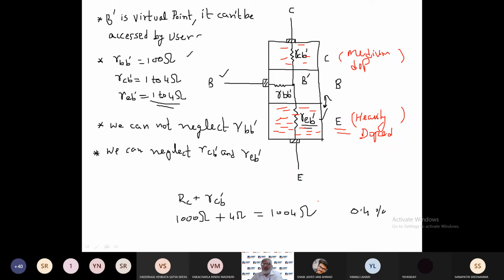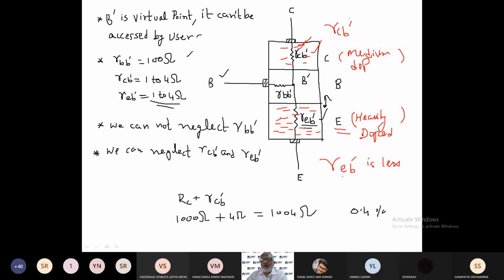So in the emitter, if the charge carriers are more, then its resistance will be less, because charge carriers contribute to the current conduction. If more conduction carriers are there, the resistance will be less. So you will find that RB'E is less. And what about RB'C? This resistance is more, because charge carriers are less.